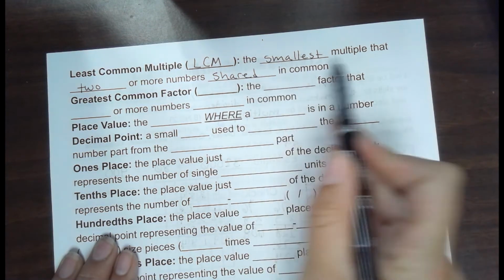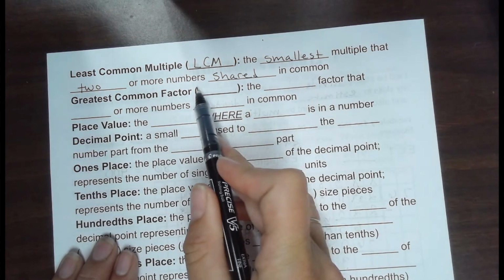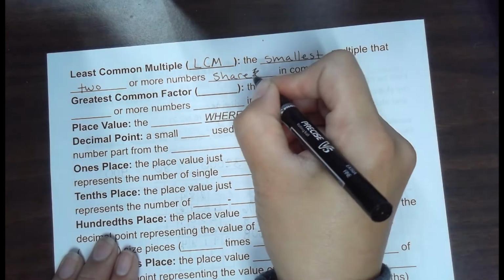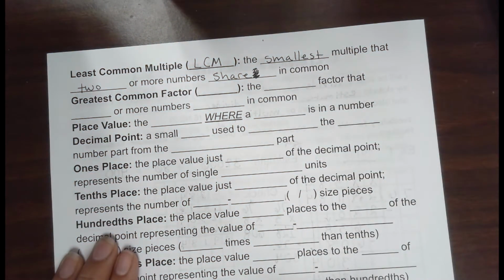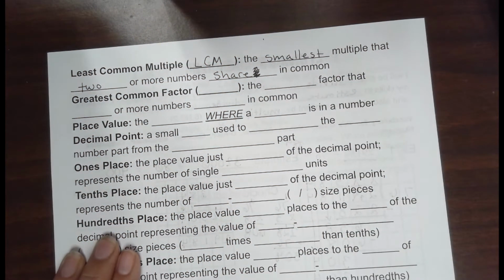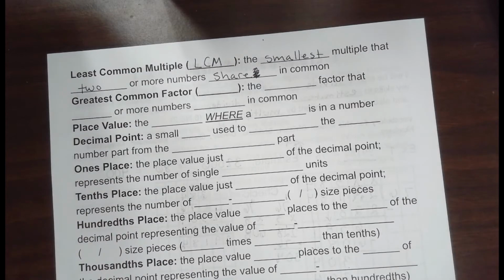So, the smallest multiple that 2 or more numbers share in common. Okay, that's all for our vocabulary for now. Go ahead and go back to page 20.